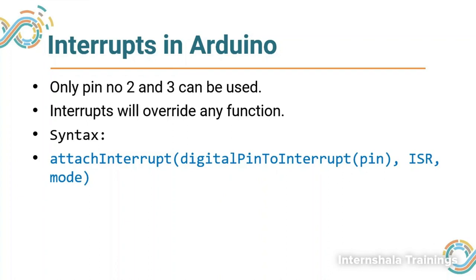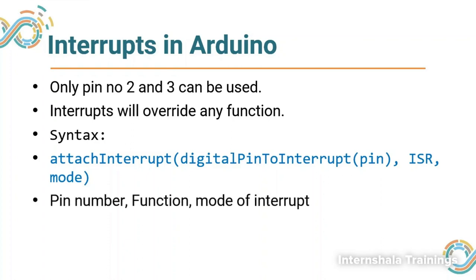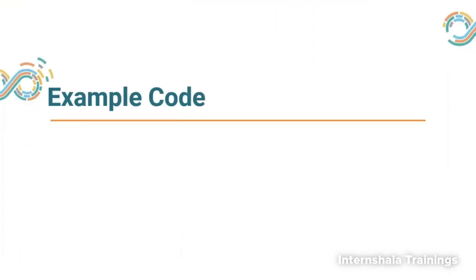ISR is the name of the function that will be called after the detection of interrupt, and mode means how the interrupt will be received, whether from the rising edge or falling edge or from either of them, that means change. So it can be detected in any ways. So here we need to mention three parameters: pin number, the function, and mode of interrupt.